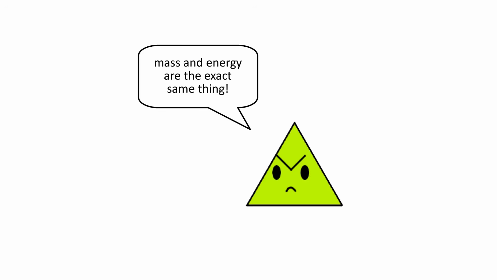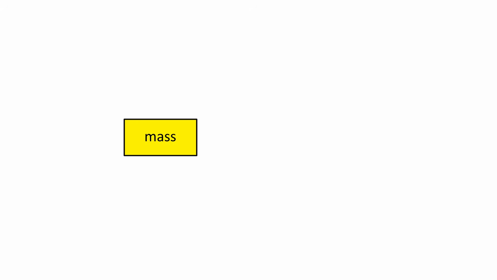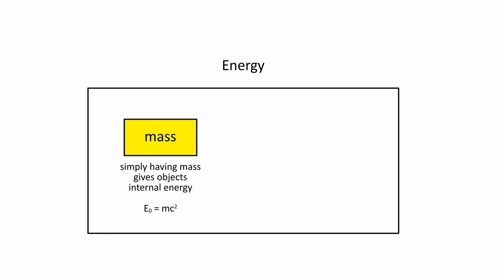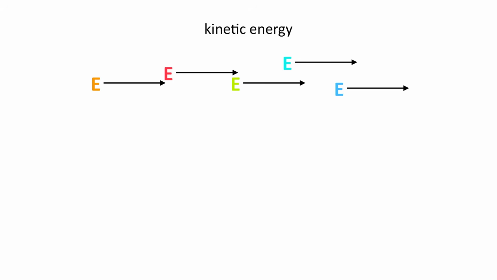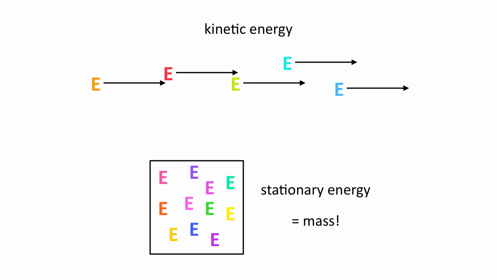Despite common claims that treating them as anything but exact equals is wrong, it's more accurate to say mass is a type of energy, the other being kinetic. But actually my favorite description is that mass is simply what you get when you take energy and make it stuck in one place.